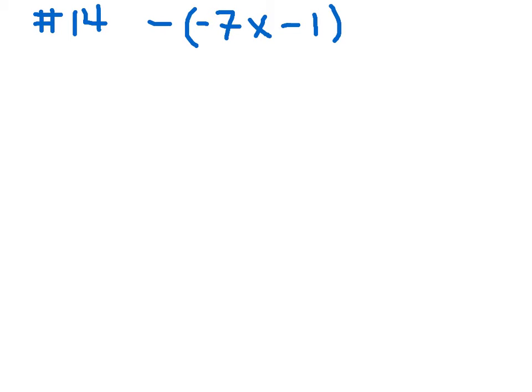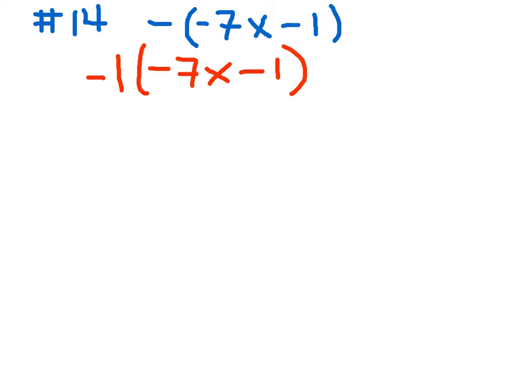Another way to think about it is as if this problem is the same thing as negative 1 times negative 7x minus 1. When I do it that way, I can see it's exactly the same as always. These parentheses are here to remind me to distribute that -1 to both numbers.